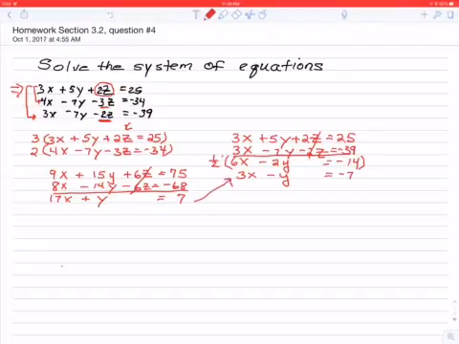So I have two equations with just two unknowns. So let's work with those. The 17x plus y equals 7, and the 3x minus y equals negative 7.